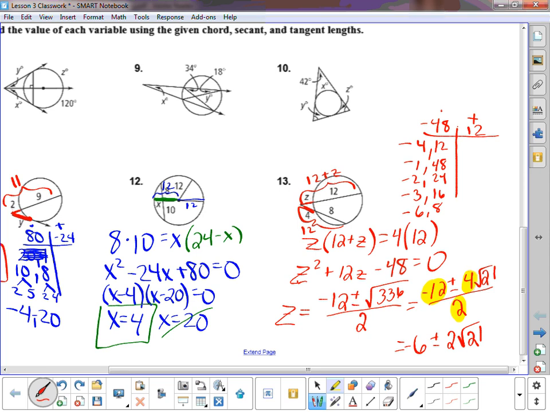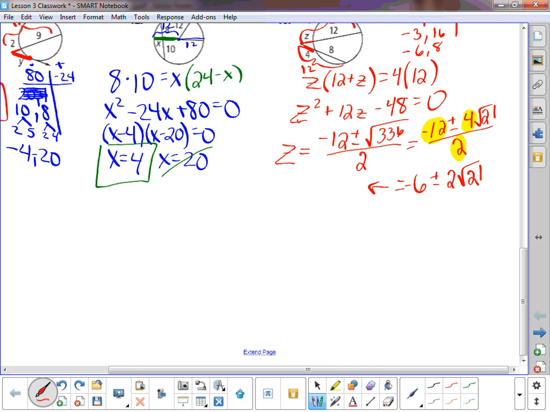Questions on that? Okay, but negative 6 minus 2 root 21 is definitely a negative number, so can I have that be my answer for z? No. Now 2 root 21 is going to be larger than that negative 6, so for my final answer I want negative 6, and I'm taking only the positive 2 root 21.